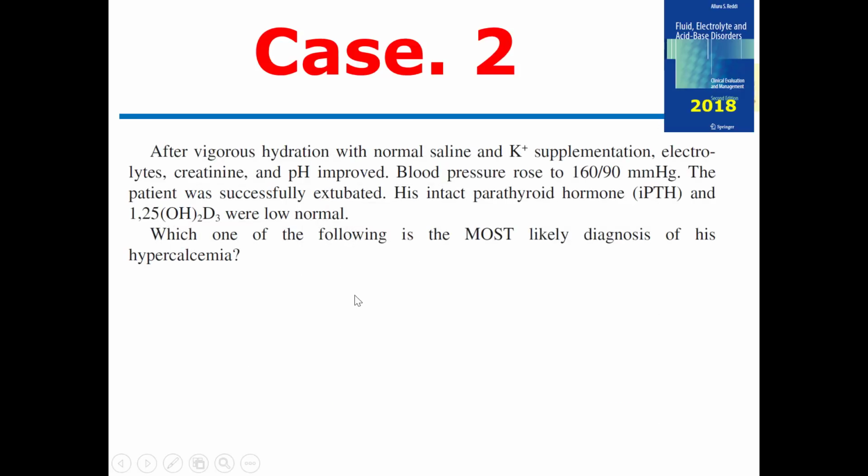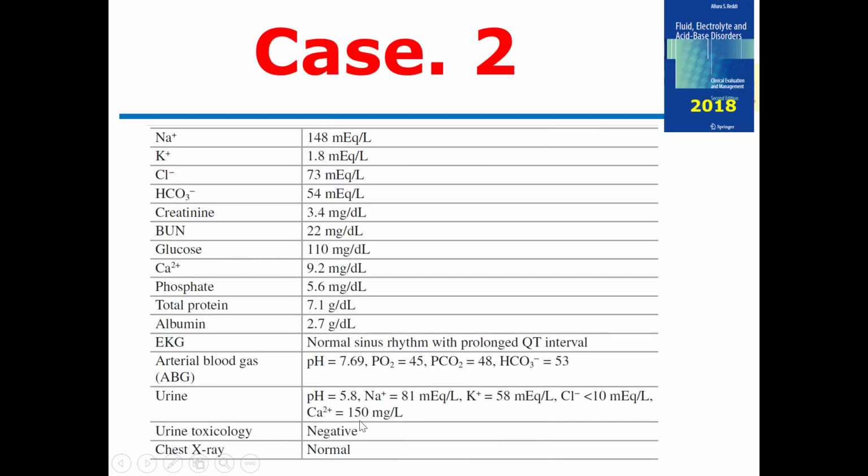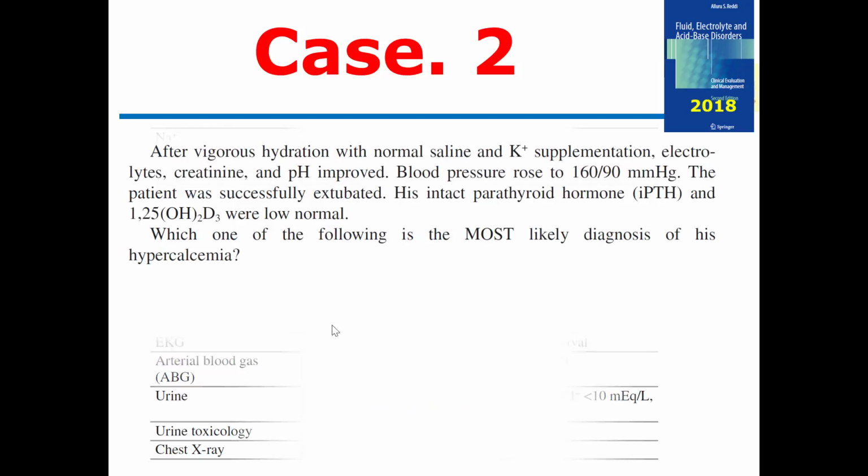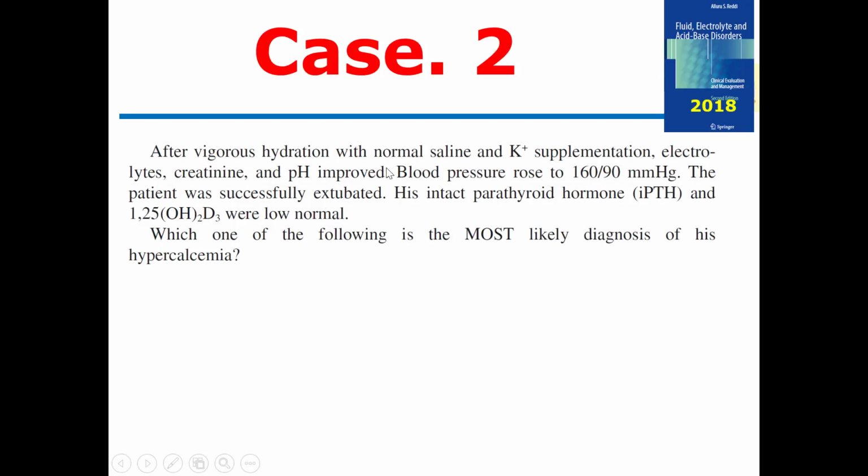And after repletion, again, the calcium in urine is 150 milligram per liter. Chloride is less than 10. And after vigorous hydration with normal saline and potassium supplementation, electrolytes, creatinine, and pH improved. Blood pressure rose, and the patient was successfully extubated. His intact parathormone and vitamin D were low normal.